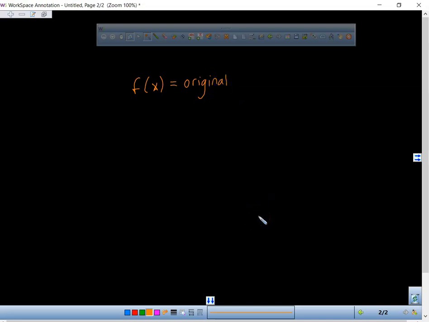If I said, what is f of x minus h, that means that graph will be shifted h units to the right. Okay, so we're going to focus on shifting right now.